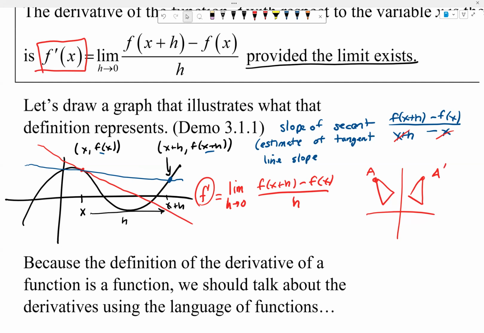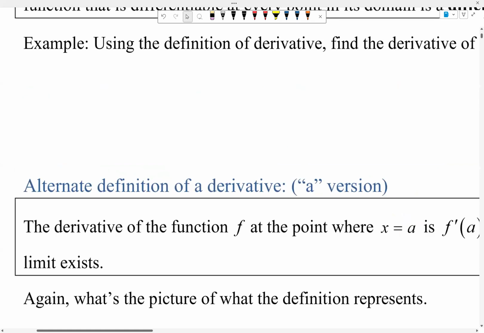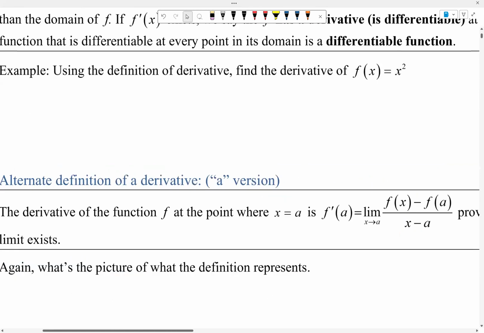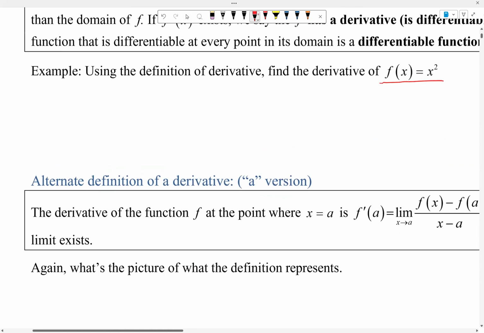So, for example, go right down to this example here. Can we find a function that's going to give us all the slopes for the curve x squared? Well, according to our definition, the function that gives us all those slopes, f prime, is the limit as h approaches 0 of, by definition, f of x plus h minus f of x all over h.